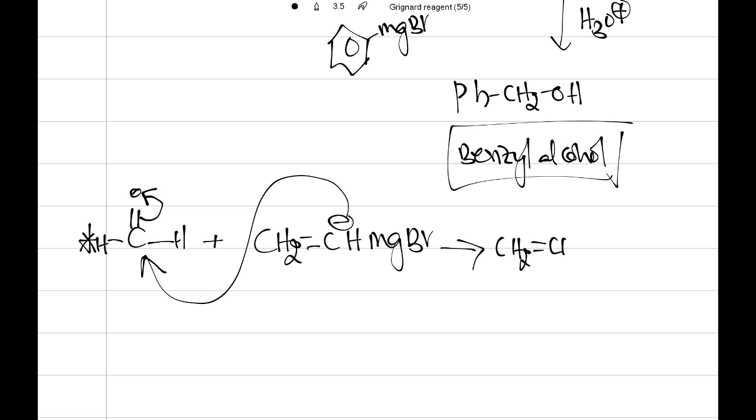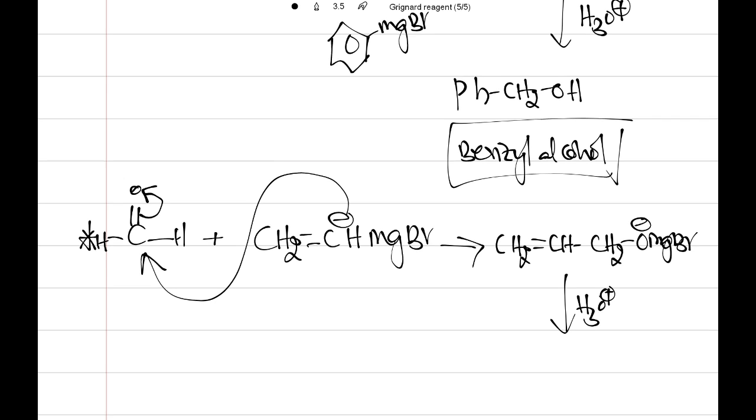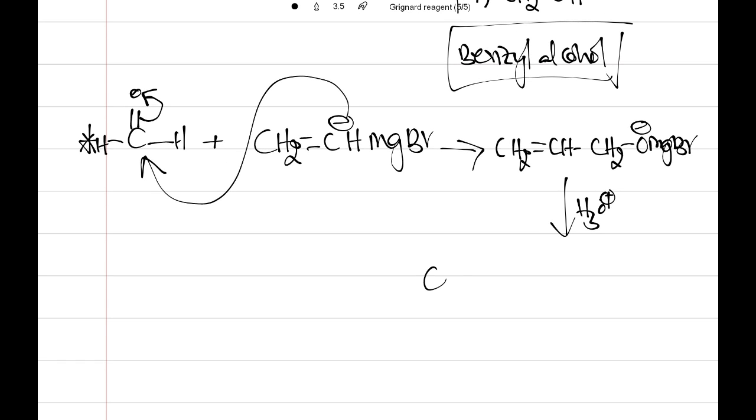CH2 double bond CH, CH2O minus and MgBr. When hydrolysis takes place, we get the alcohol product, CH2 double bond CH, CH2OH. So this is the product of the reaction with formaldehyde.